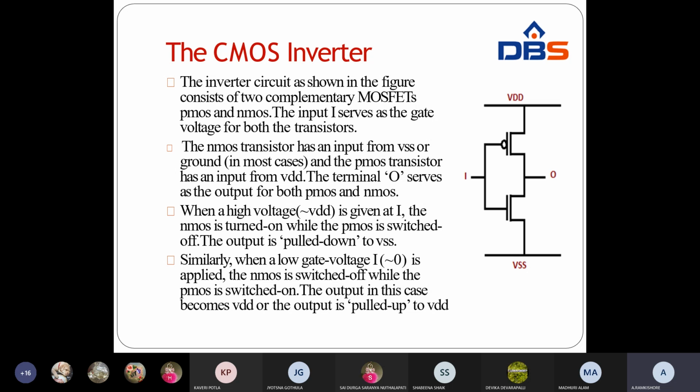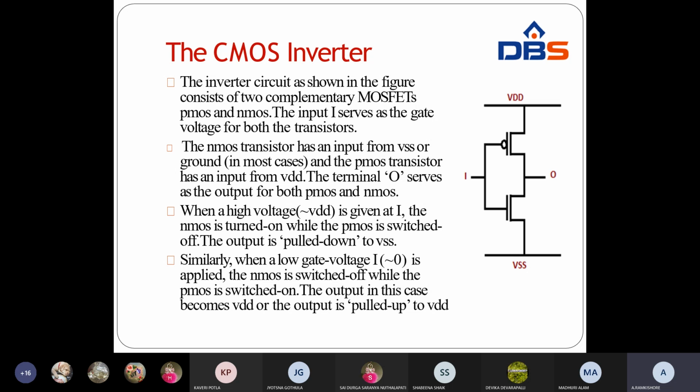This is a basic inverter operation, and that operation is implemented by CMOS. CMOS is nothing but the combination of PMOS and NMOS, so that's why you call it a CMOS inverter. This is the basic circuit design to implement any type of combinational circuit.